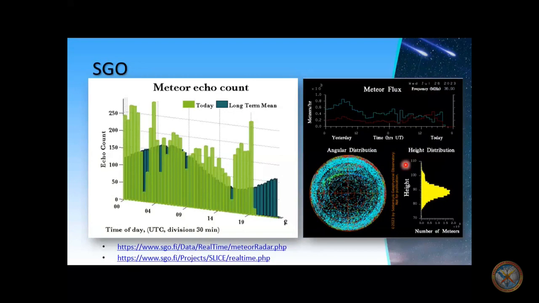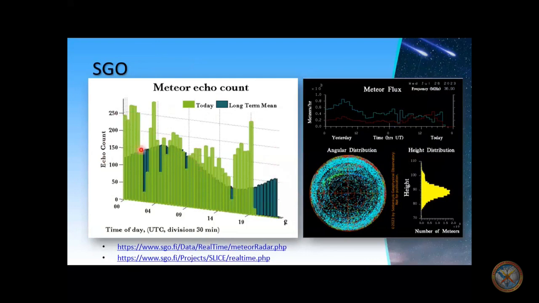So to find out how many meteors there are this specific day, you've got SGO, that's the Finnish Observatory in cooperation with the University of Leicester. So they've got these two graphs. So this is just the echo count against the long-term mean.